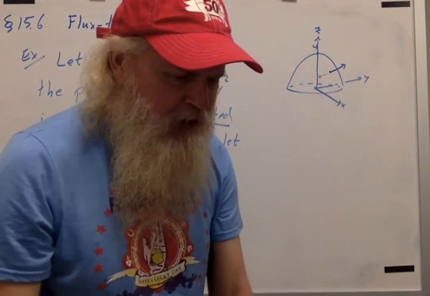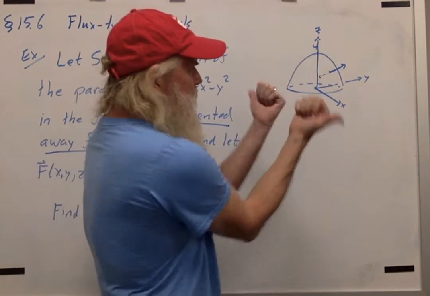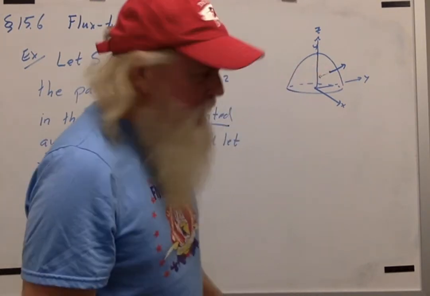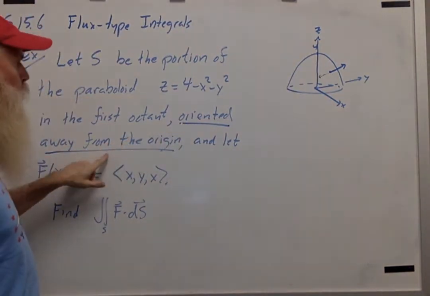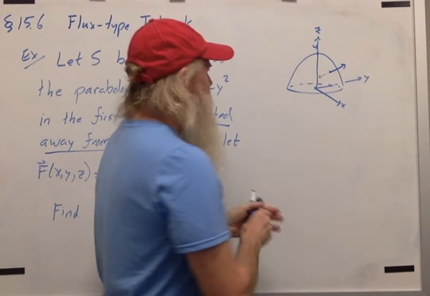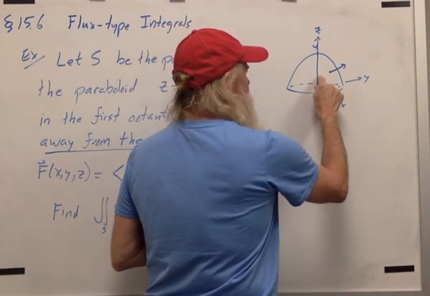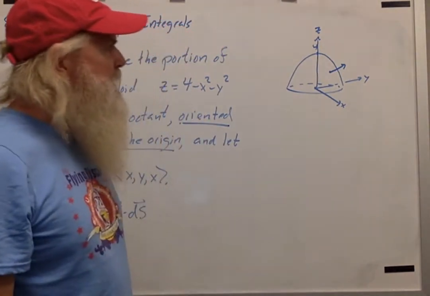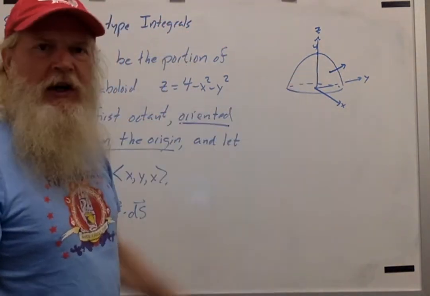So these are both vectors with length 1, and they're pointing in opposite directions like this. Here I want the one which is oriented away from the origin, so I'm choosing the blue vector here. So I'm going to erase this one. When I indicate the orientation of a surface, sometimes I do that just by drawing a little arrow on here.